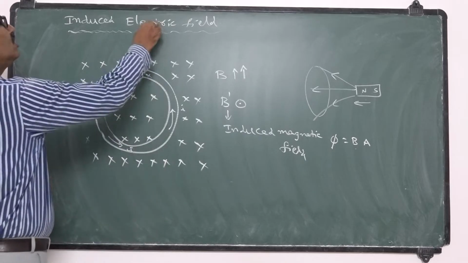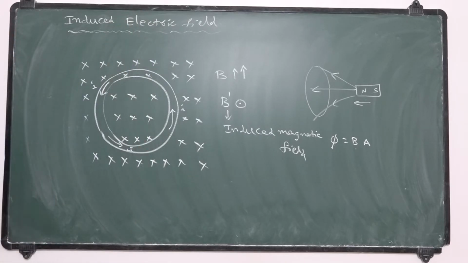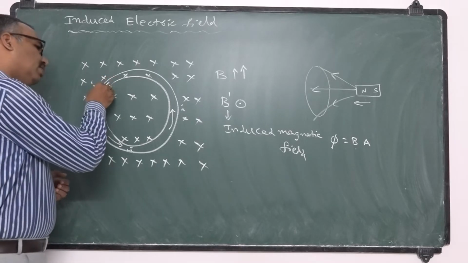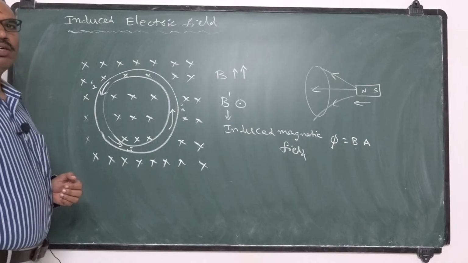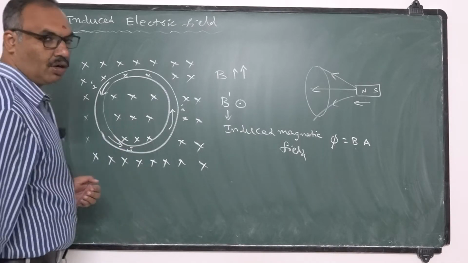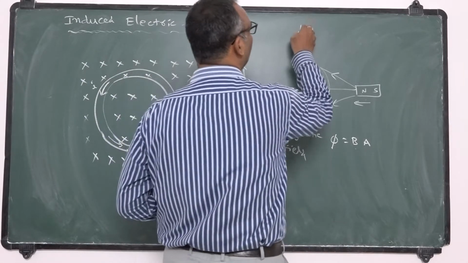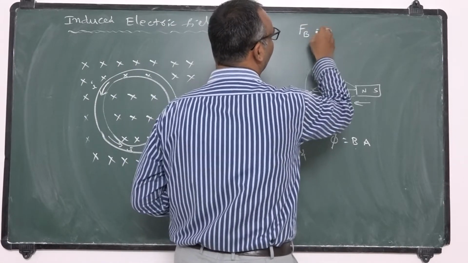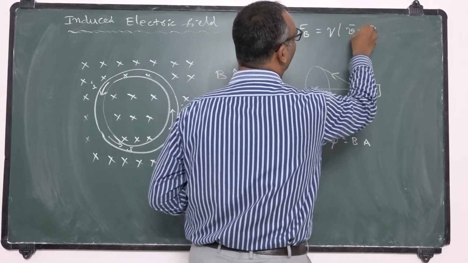Now, I would like to introduce a new term called induced electric field. Electric current is moving, which means some electric charges are moving. Here there are two formulae for us. Force due to the magnetic field is given by Q into V bar cross B bar.